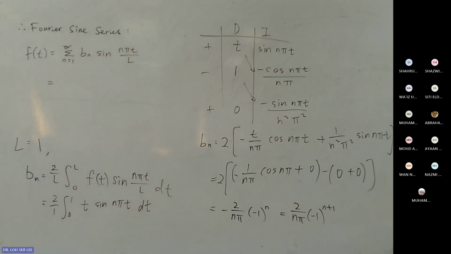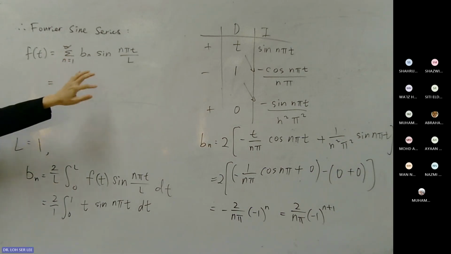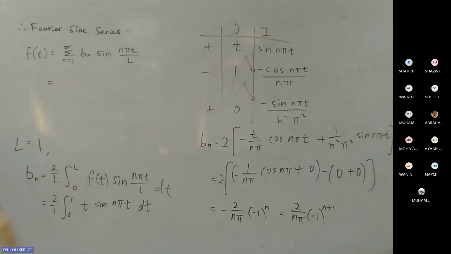So this is the formula for the Fourier sine series. We just need the Bn. So you just put the Bn that you found into this. Here also you get the marks for the working and solution, even though you put the wrong one.